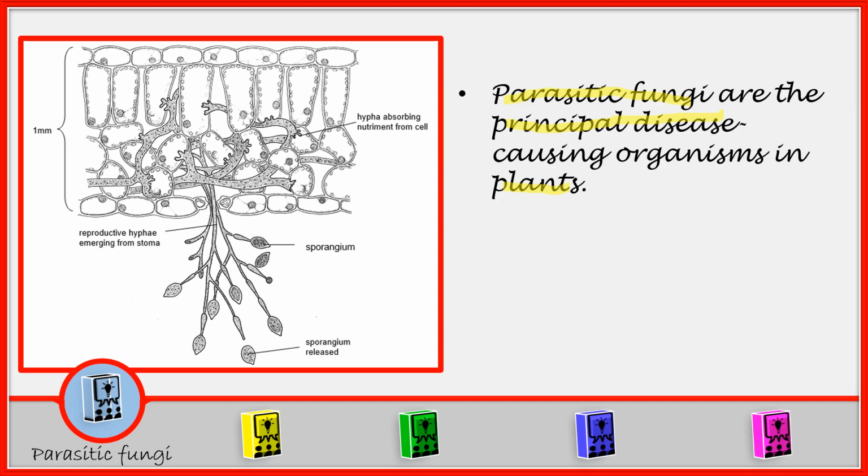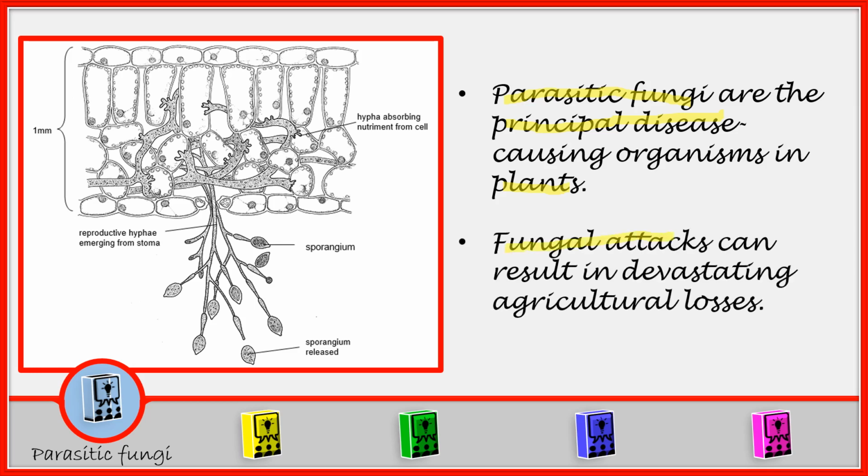Bacterial wilt is not caused by it, but Phytophthora infestans causes blight in tomatoes and also sometimes Irish potatoes.